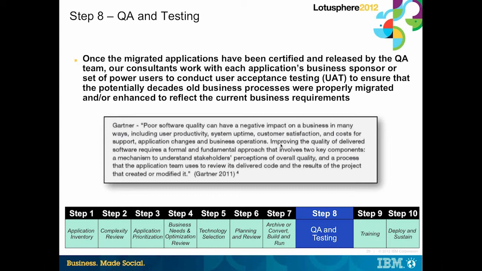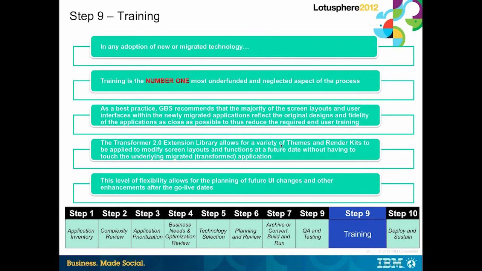Flat out, if we convert their application to XPages or some platform and it doesn't look, feel, or act like the application they've been using for the past 15 years, then they're going to be very reluctant to use it, or in some cases not use it at all. And then you start actually losing business process. You're not capturing the data. They write it down on note cards, whatever. So absolutely, you want to get the user buy-in via the QA UAT process.